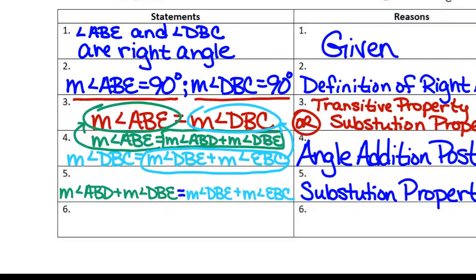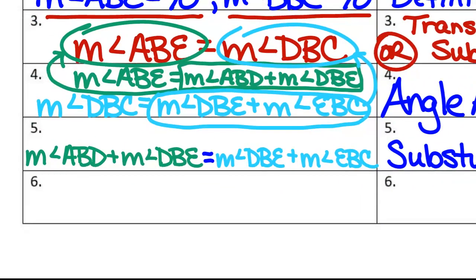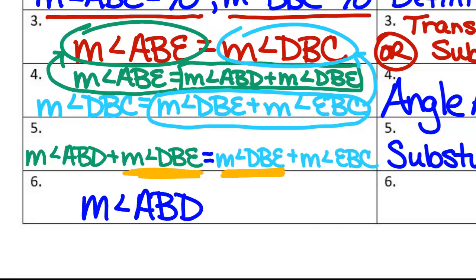Do you guys notice anything interesting about that equation that we just wrote in number 5? They both have DBE. What can I do if both sides have the same exact thing? I can subtract it. So I get the measurement of angle ABD is equal to the measurement of angle EBC.